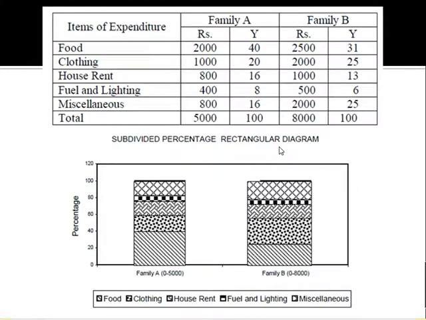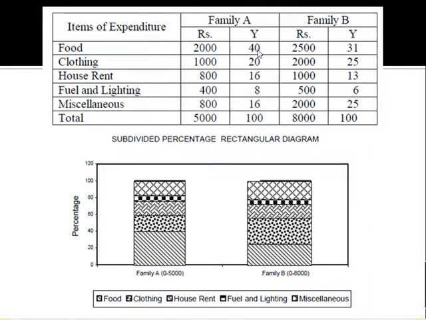So, how do we represent it in the form of a rectangle? Here we add one more table, that is, we convert it into percentage. So, 2,000 by 5,000 into 100 is equal to 40.